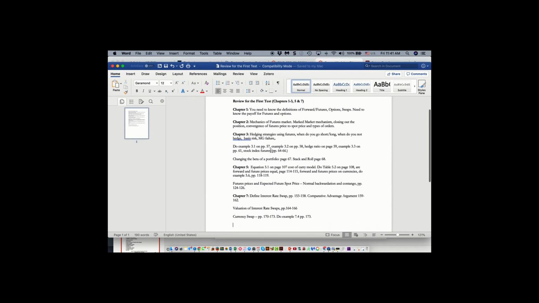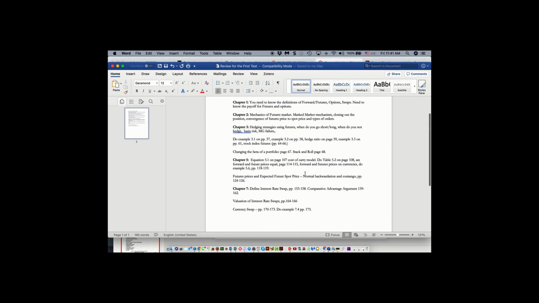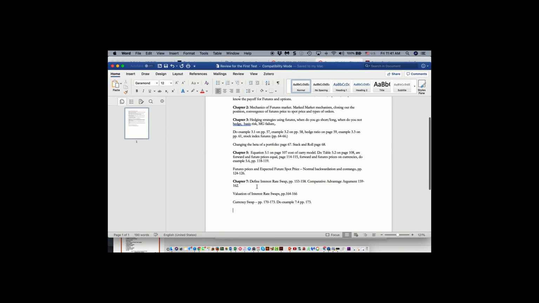And I say do example 3.1 on page 57 and others. In the same way for chapter 5, I am emphasizing those equations so that you focus on them in view of the midterm exam. Also for chapter 7, what are the things you need to focus on?